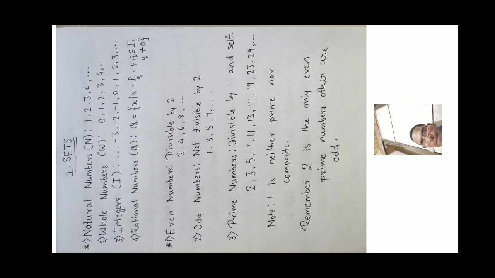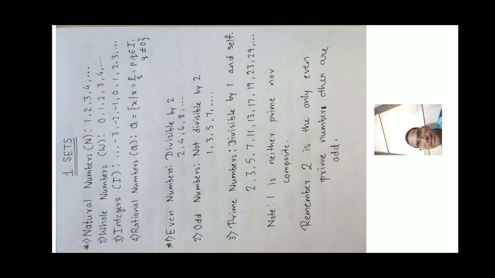Clear with this? Now there is one note. 1 is neither prime nor composite, means 1 is not included in prime numbers, and also it is not included in composite numbers. Now what is a composite number? Those numbers which are not prime are called composite.